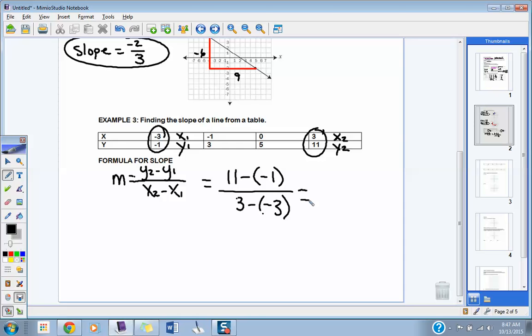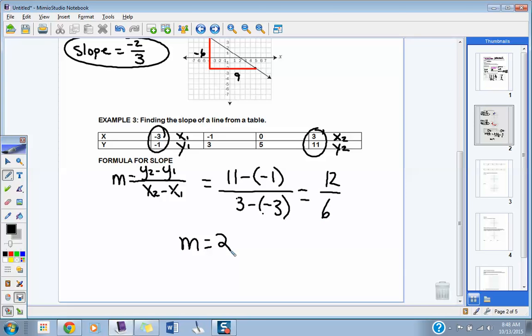When you subtract a negative, that's really what operation? Addition. So what's 11 plus 1 up top? 12 over, what's 3 plus 3? What's 12 divided by 6? It's 2. So my slope is 2.